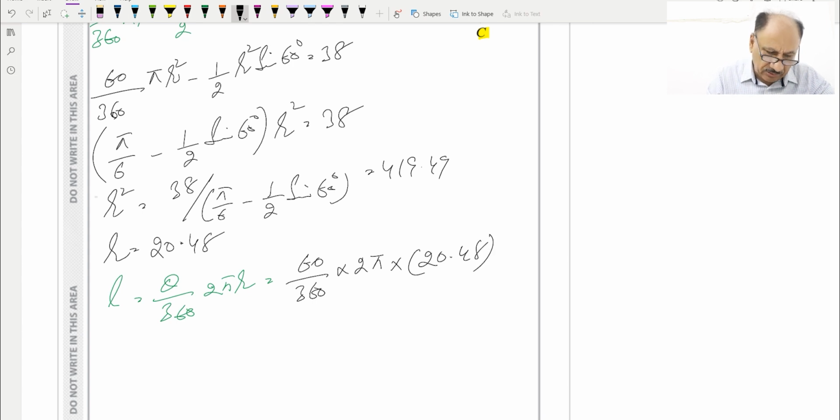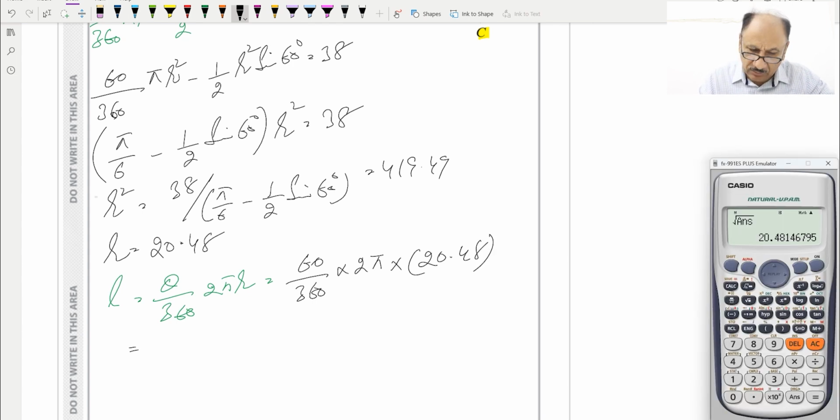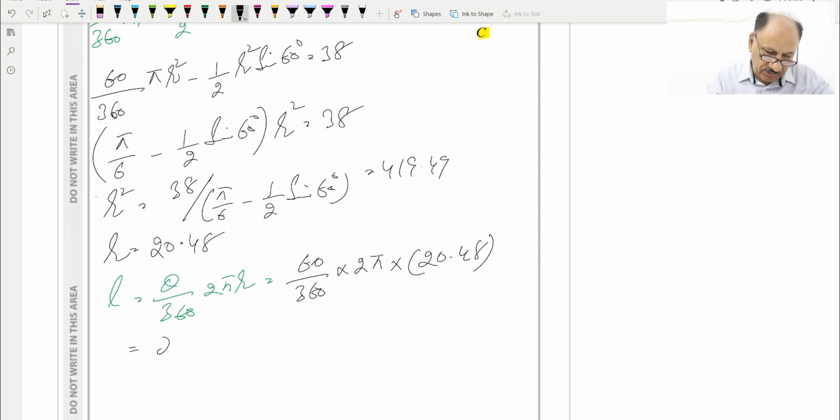We can simplify 60 over 360, and this is multiplied by 2 pi and then multiplied by 20.48, and this will give us 21.45.